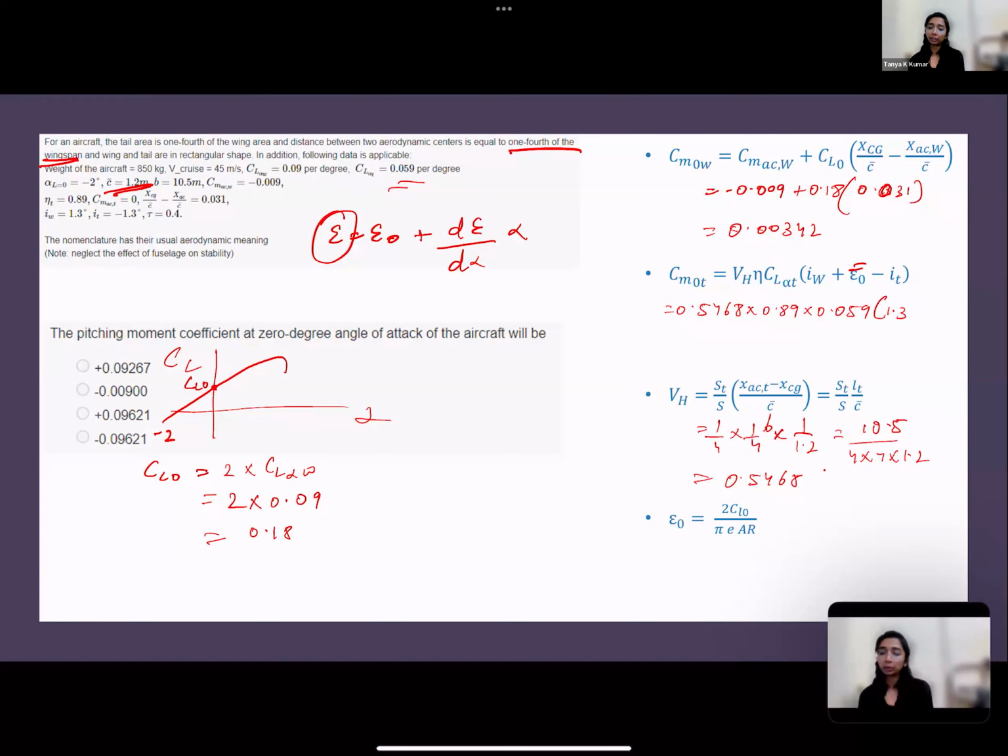Try, let me know when you find out epsilon naught. You have CL naught, you have pi, take E to be 1, they've given you rectangular wing.